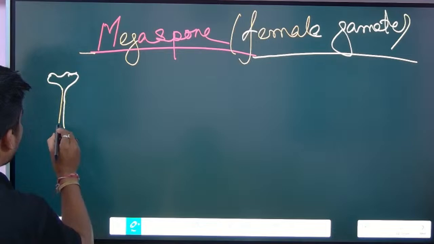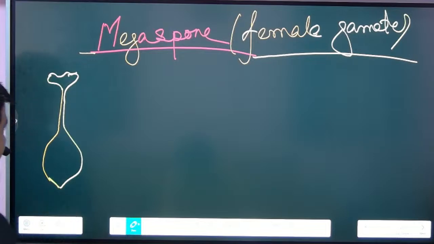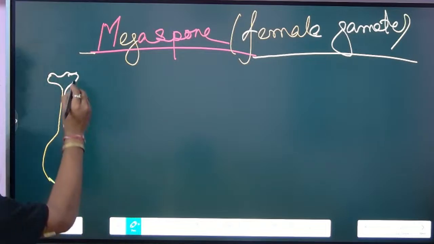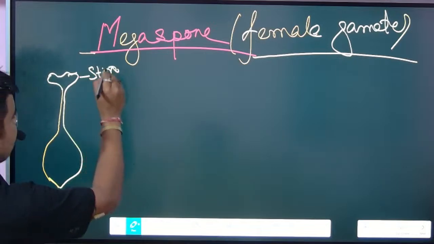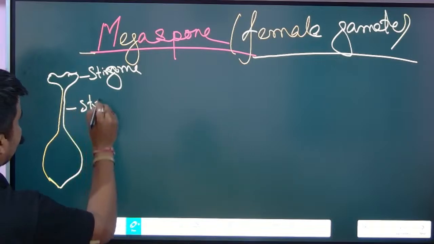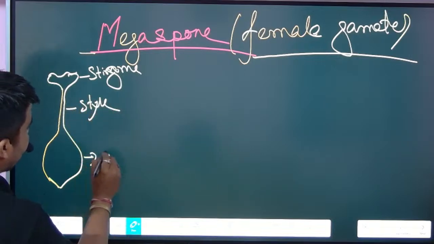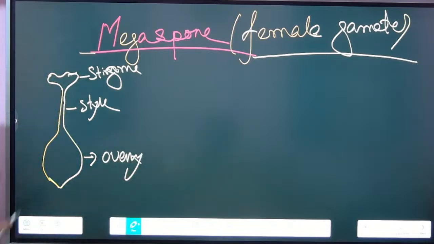I'm drawing a carpel, a pistil. It's a female reproductive part. As you know, it has stigma, style, and ovary.